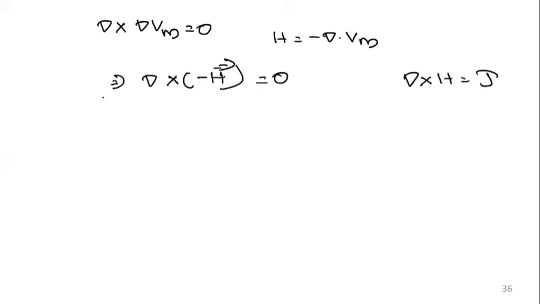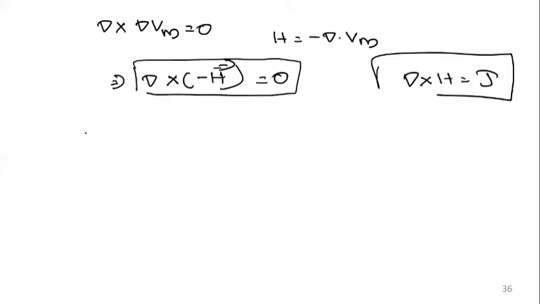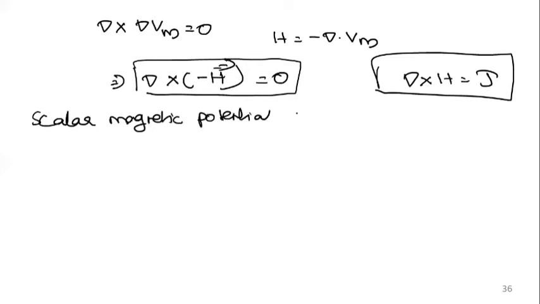Comparing these two equations, we can say that scalar magnetic potential is defined for J equal to 0. So what is the conclusion?